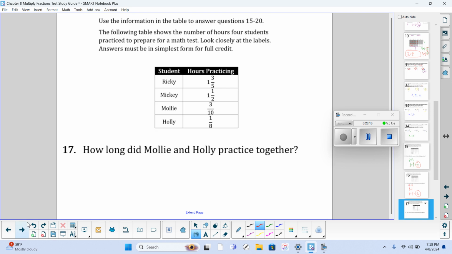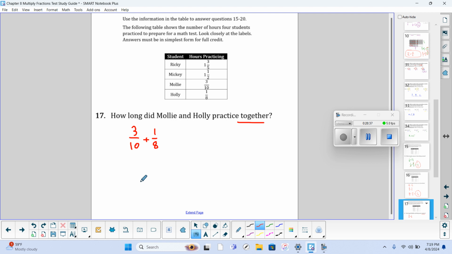Number 17, how long did Molly and Holly practice together? Well, together means I need to add these two numbers. So I'm adding Molly, which is 3/10 of an hour, plus Holly, which is 1/8 of an hour. All right, to add fractions, we need a common denominator. In this case, common denominator I would use is 40. So for the first fraction, I multiply 10 by 4 to get 40.